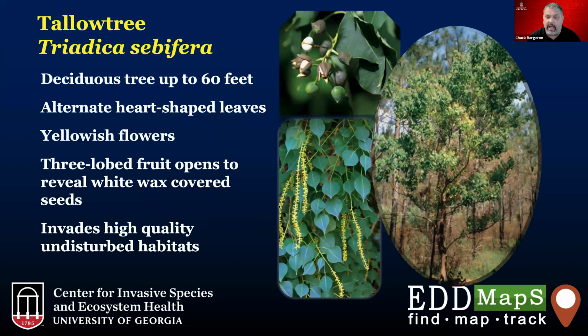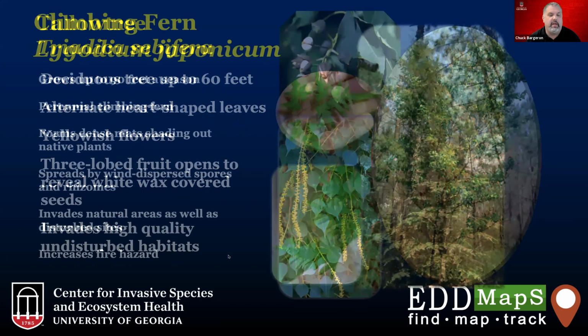To highlight a few of those, tallow tree usually likes wetter environments. It's also called popcorn tree by some folks, but you can really recognize it by its leaf shape.